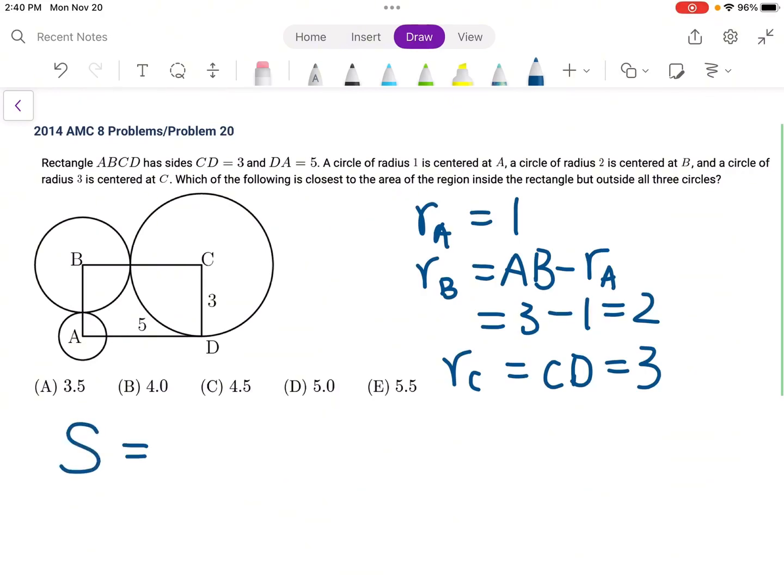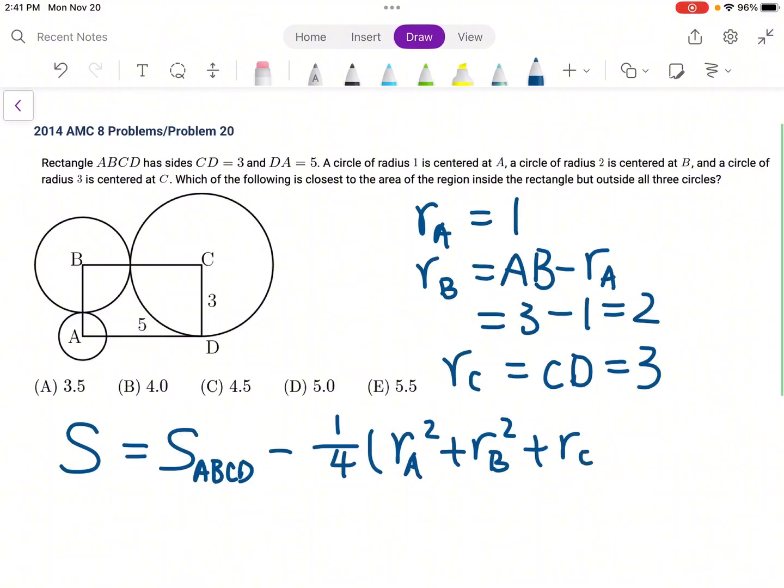S equals S of ABCD minus 1/4 of the combined area of the circles. That's RA squared plus RB squared plus RC squared, multiplied by pi.